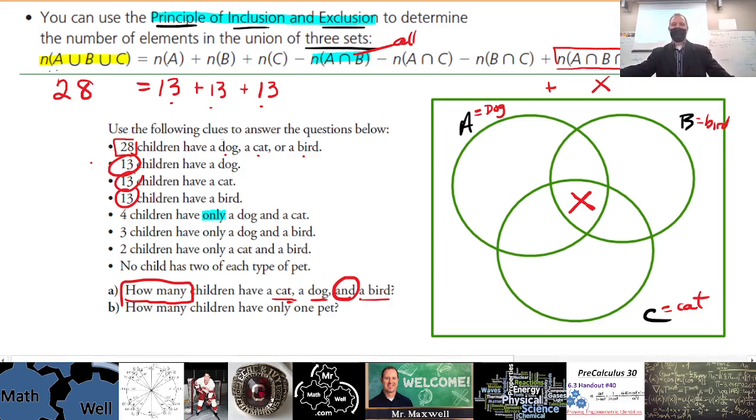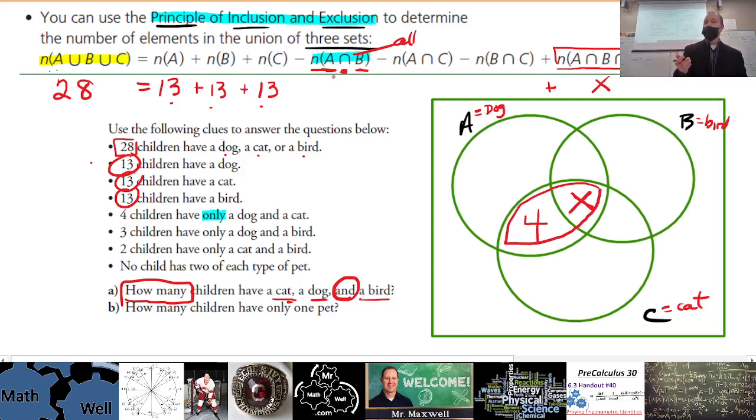Okay. All right, so 4 children have only a cat and a dog. So that means that 4 goes here, and I can now represent the number of A and B. That is this right here. Okay, so now I can put something in the equation.